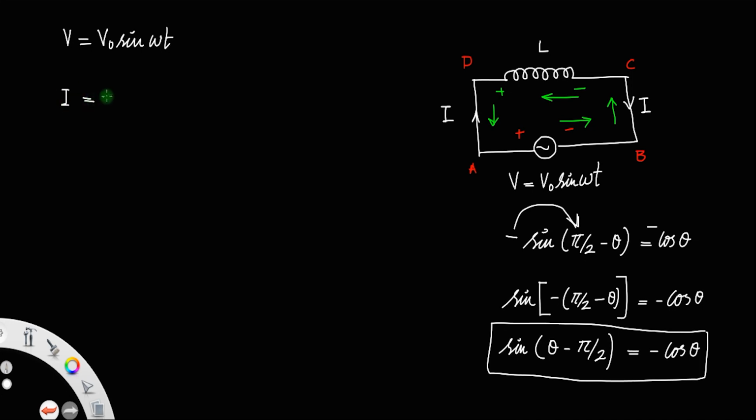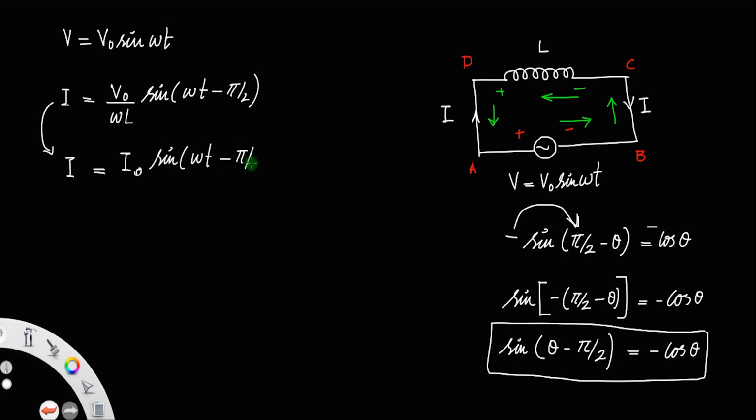But we have I equal to V0 divided by omega L sine of (omega t minus pi by 2). Before discussing this phase, let's introduce I0 here. We can write this expression as I equal to I0 sine of (omega t minus pi by 2).